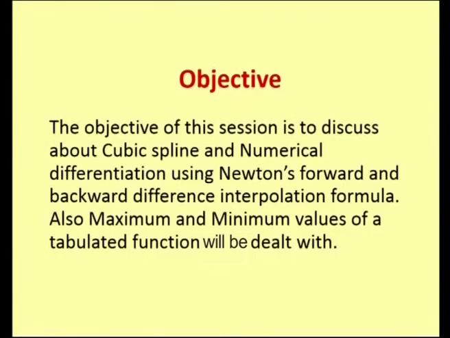In continuation with that, a special cubic equation will be called a cubic spline, and also numerical differentiation using Newton's forward, backward and general interpolation formula will be dealt with in this session. So, the objective of this session is to discuss cubic spline and numerical differentiation using Newton's difference formula, and finding maximum and minimum values of a tabulated function will be dealt with.